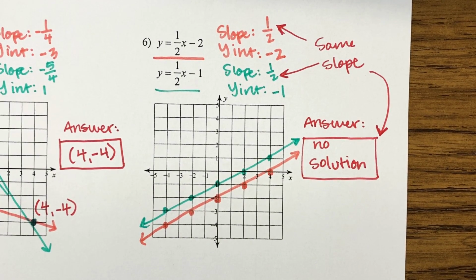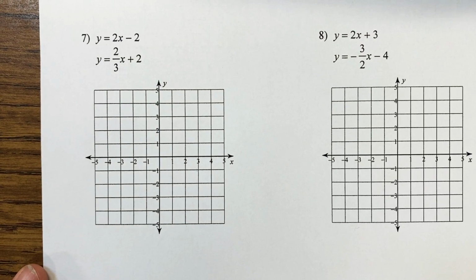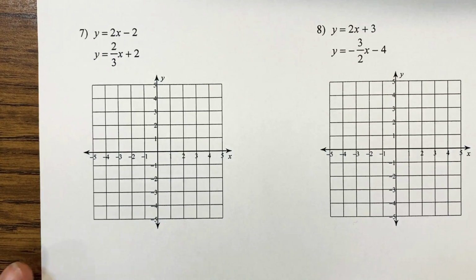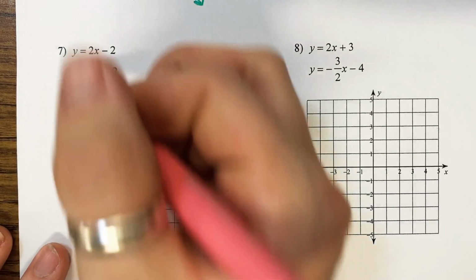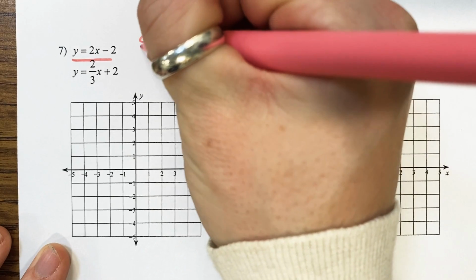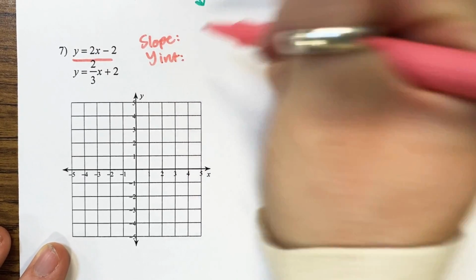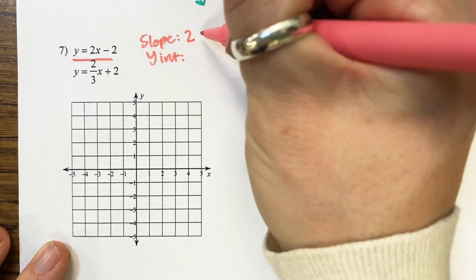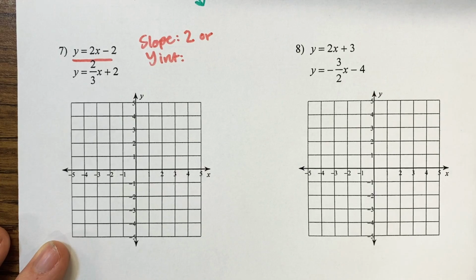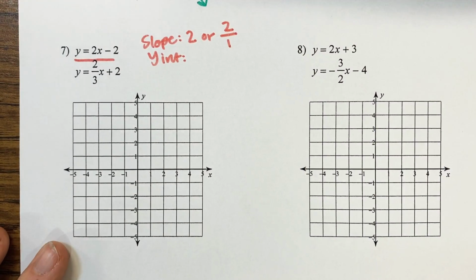Okay, let's do our last two. Okay, so number 7. Let's start with our pink line, our top line. Okay, so we'll do our slope and y-intercept. Okay, so my slope for this one is 2, or if we wanted to write it as rise over run, 2 over 1.